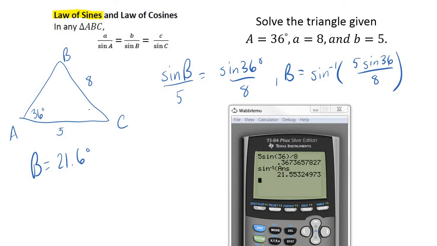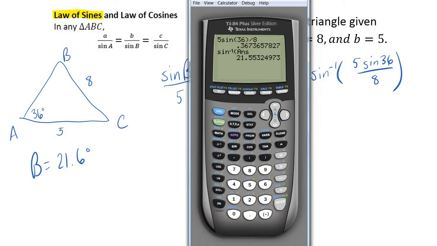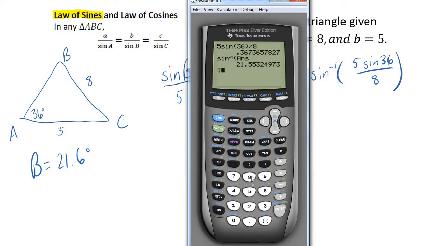Okay, now from there, can you see it's going to be pretty straightforward to solve this thing? Let me just illustrate though. If I wanted to check that, what if I did 180 minus that angle? That would be the supplement, because sine of 158 and sine of 21 are going to give you the exact same thing.